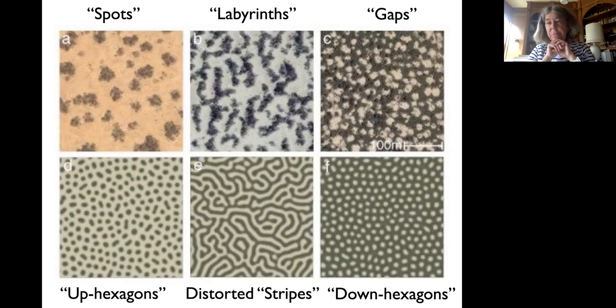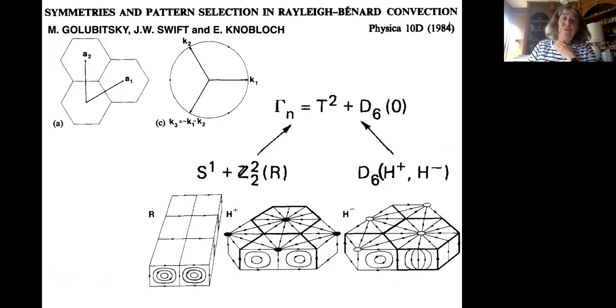I'm calling one of them down hexagons and one up hexagons, and I'll explain that terminology in a minute. And the labyrinthine pattern, I'm thinking of as some kind of distorted stripe pattern. And so one of the early papers that I read as a graduate student, my advisor was Edgar Knobloch.